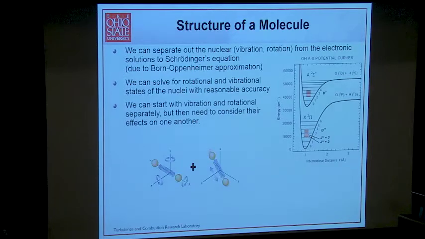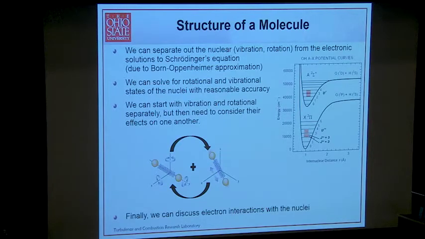So we'll start out with dealing with vibration first and rotation then, but then we do have to couple them together, because as I just told you, the rotational states give the fine structure to the vibrational states. They certainly have to interact. And then finally, we'll discuss the electron interactions with the nuclei.